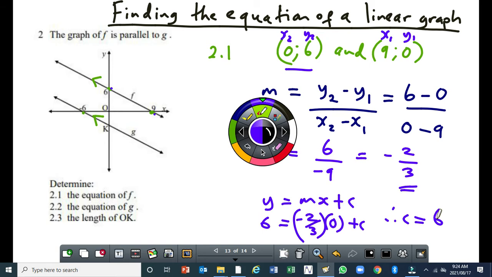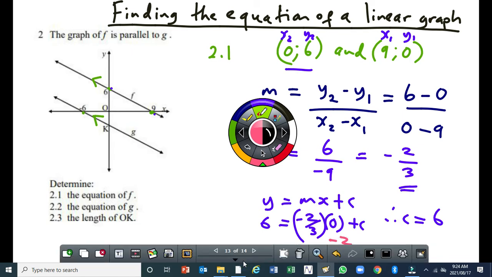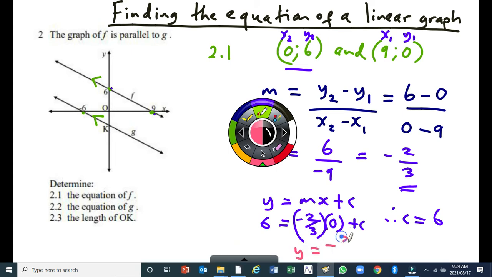Therefore, the equation of this graph is going to be y equals minus 2 over 3 x plus 6. That's the equation.